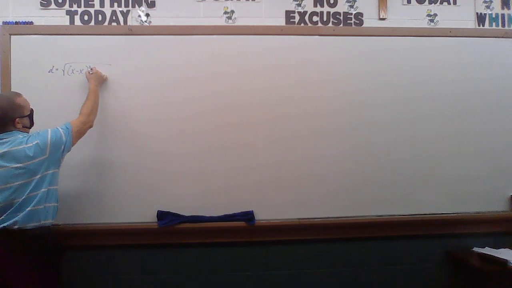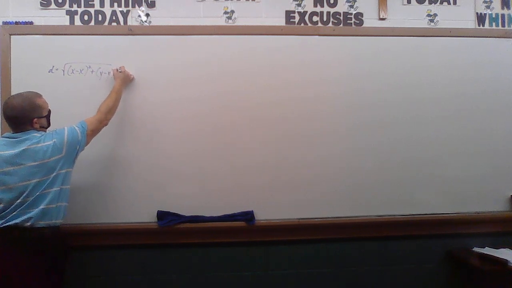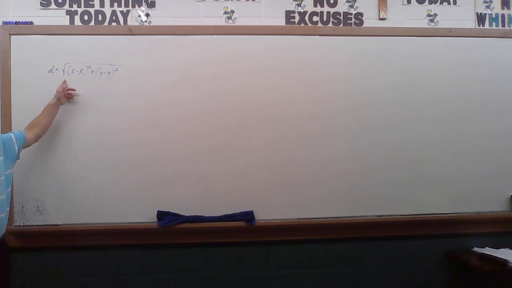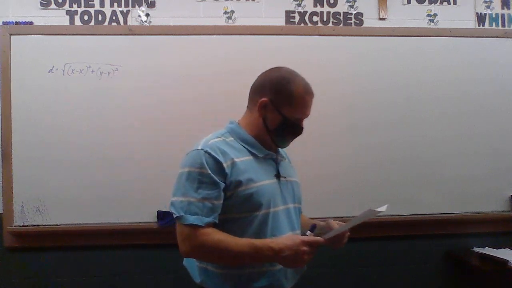Then in between, we add. So, does it matter which order I do my x's and my y's? Nope. Because why? Again, because we're squaring it. Doesn't matter if we get a positive 1 or a negative 1 inside there, we're squaring it, so we still get 1. But the very last thing is, don't forget to take the square root of it. Okay? You need to see actually one of those.